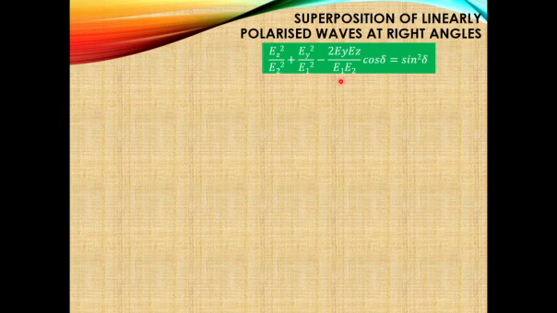Now we can see that based on the value of the phase difference between these two waves, we can have different possibilities for the equation of a circle or the equation of an ellipse.